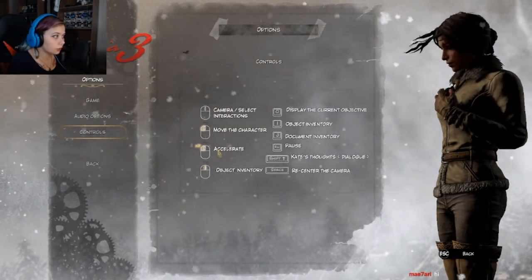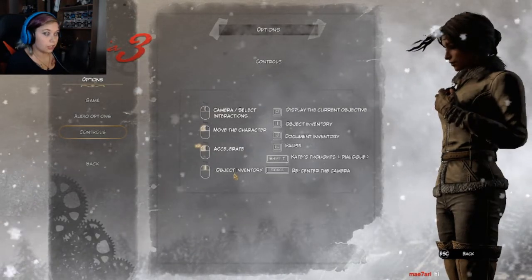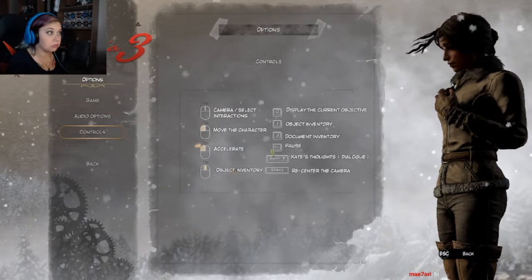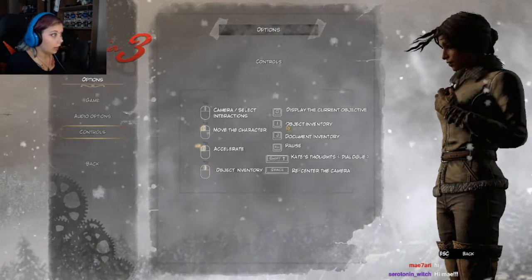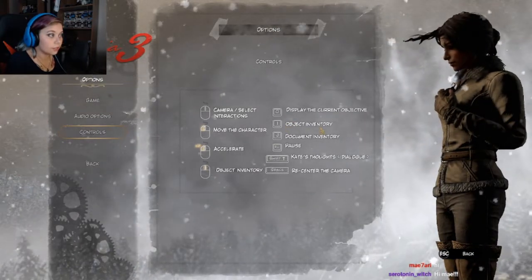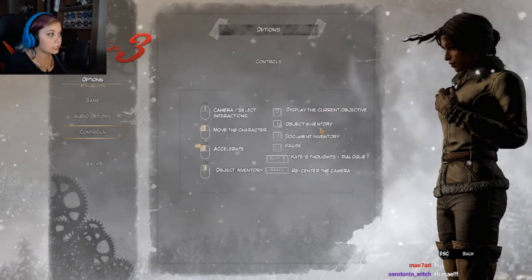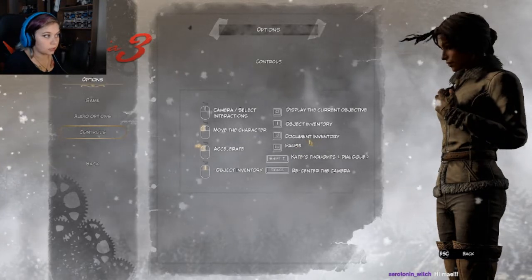Move the character, accelerate. Okay, yeah. Object inventory is the mouse wheel. Display the current objective is O. I is inventory. Okay, the controls are different. Escape is pause. Okay, that's the same. Document inventory.